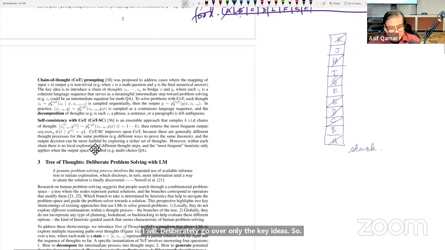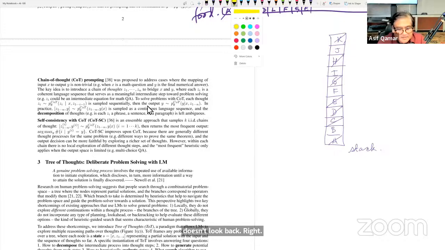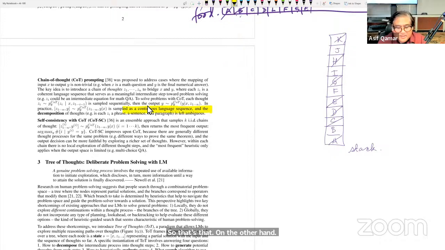So chain of thought prompting, you realize that it's complete exploitation. You take a path and you just go straight to it. The bee doesn't look back, right? So that's that. On the other hand, sample sequence is a continuous language sequence and so forth.